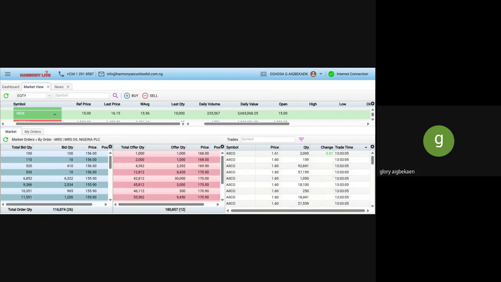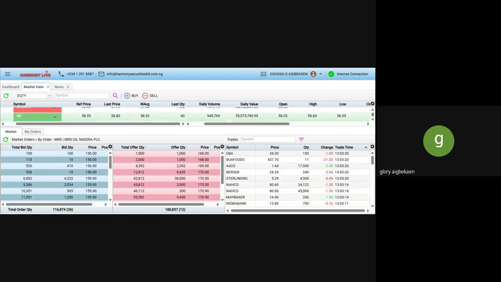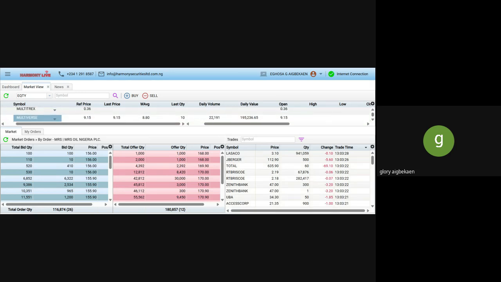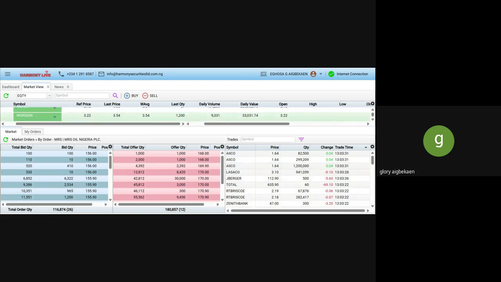This NAM Insurance and Custodian Insurance, there are two stocks to watch in the insurance sector. Even Mansard Insurance, I'm not seeing it trending, but NAM and Custodian, yeah, the way those stocks are moving.